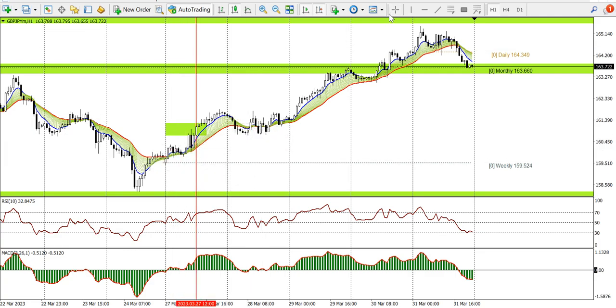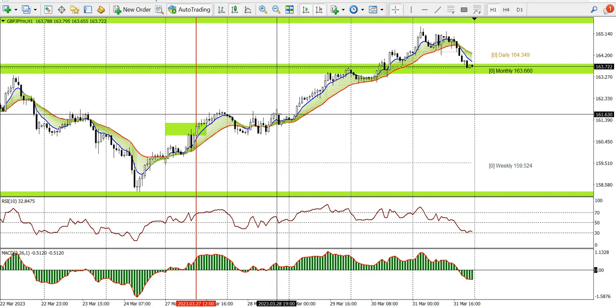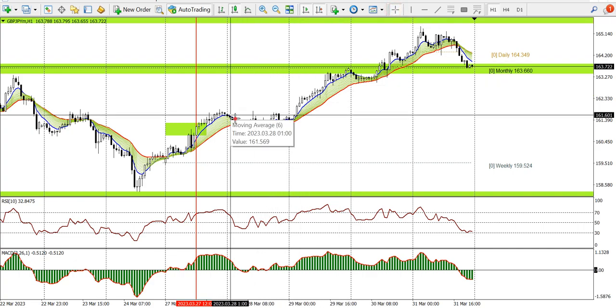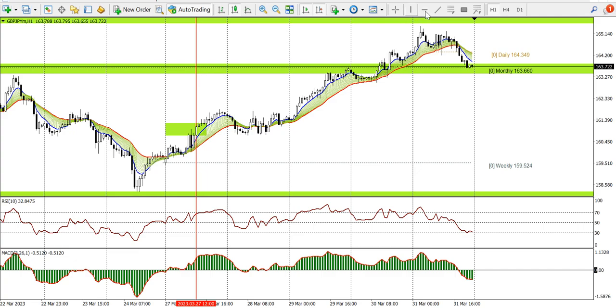And Tuesday open line was there. Price was moving below the Tuesday open line. There was no buy or sell trade, since price was below the open line.